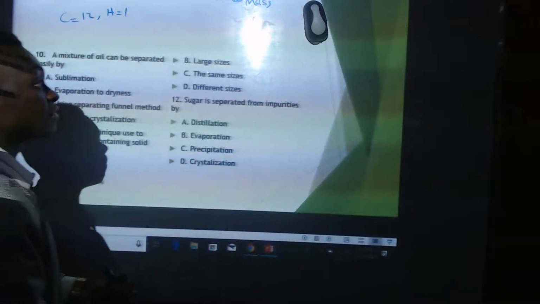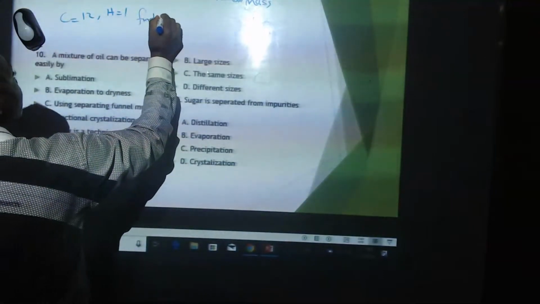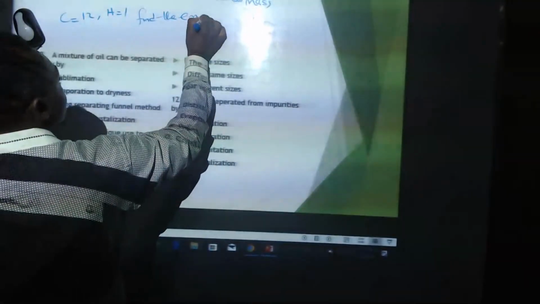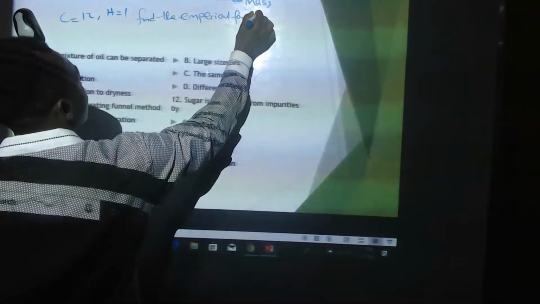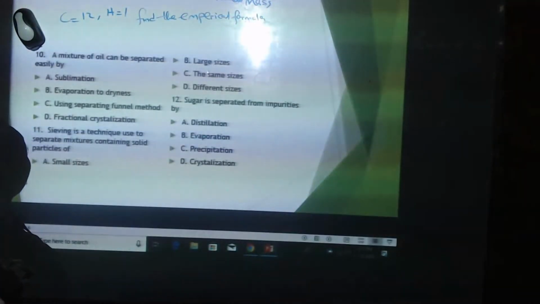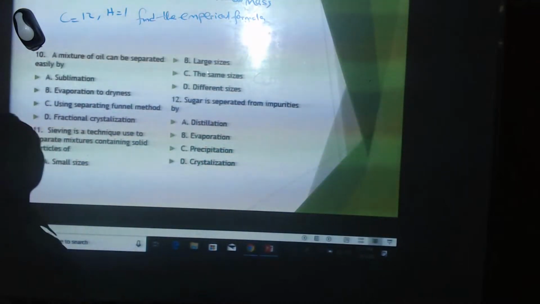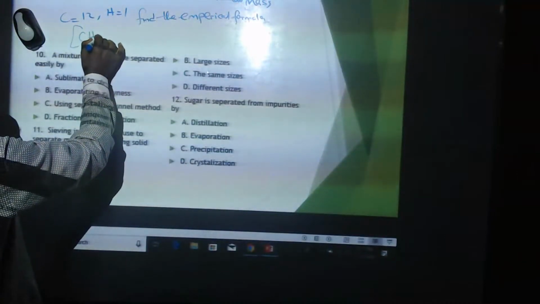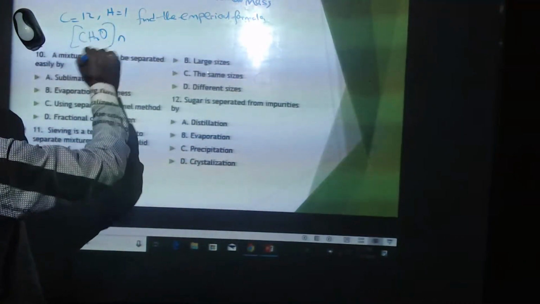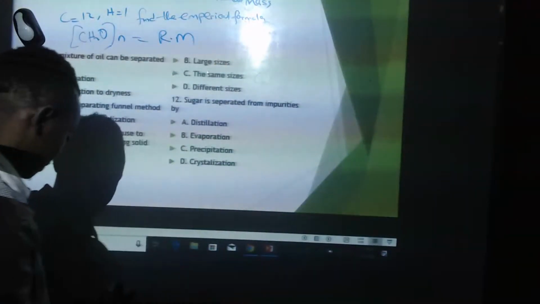Now this is quite different from just finding your empirical formula. And they say find the empirical formula. Remember when I was teaching, I was saying once you have an empirical formula like this, it will be N equal to your relative mass.